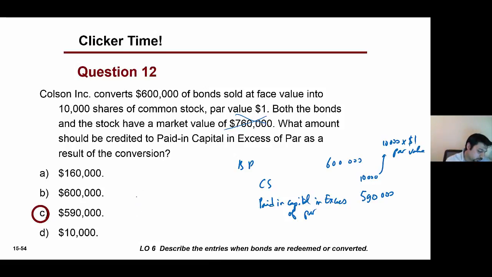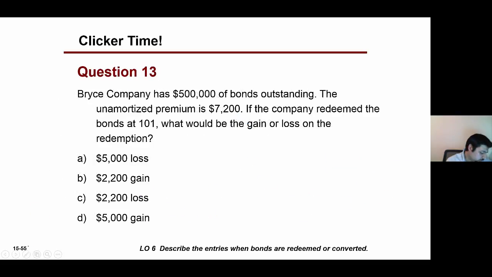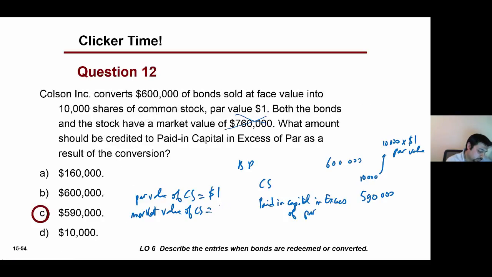So par value of common stock is equal to $1, whereas the market value of the common stock is equal to $76, and this is basically 760,000 divided by 10,000.